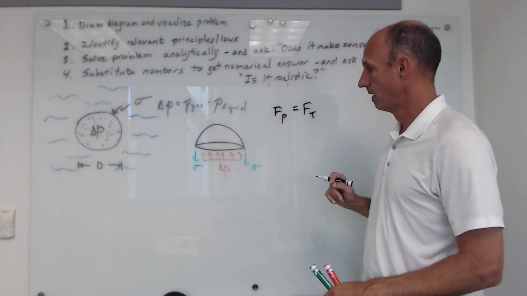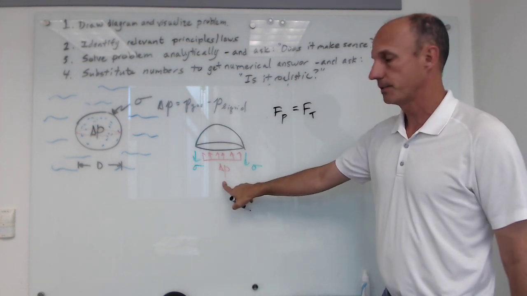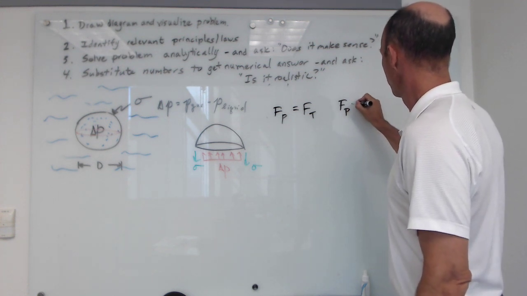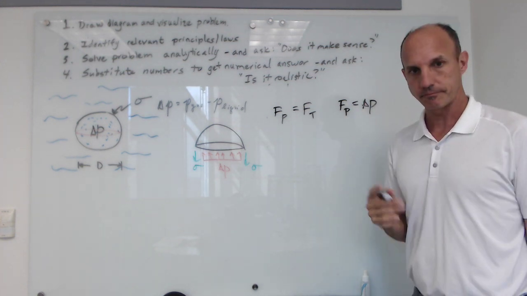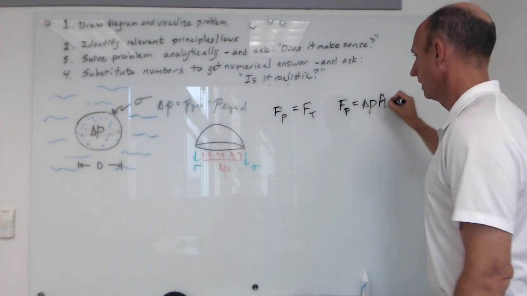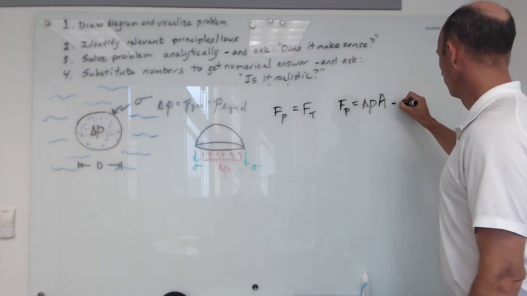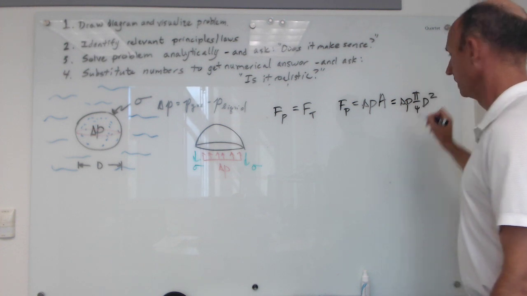The next thing we can do is relate this delta P to a force. So we know the force due to pressure is going to be equal to the increase in pressure times the area over which that pressure is acting. We know that area is just equal to pi over 4 d squared.